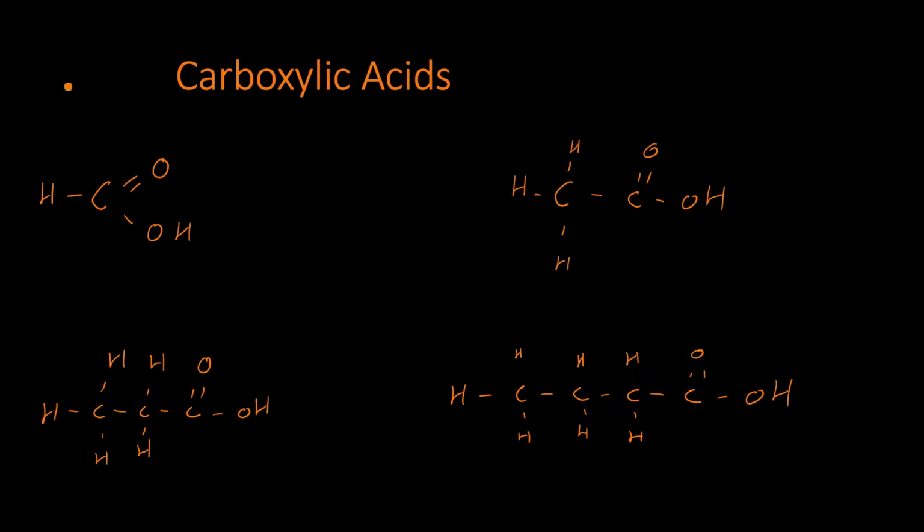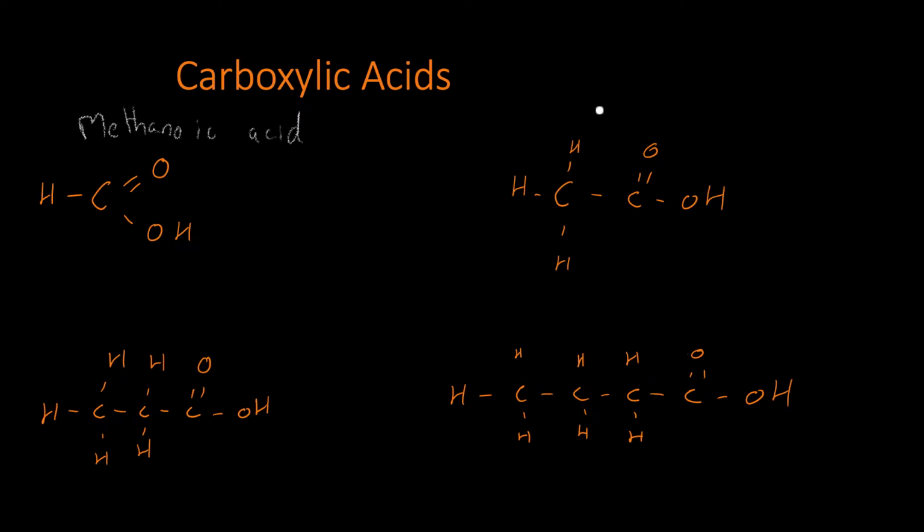And so if we have a look here, we have our first 4 carboxylic acids. The first one is meth, because it's 1 carbon, and that's methanoic acid. The way that you name them is you say the prefix, so methan, ethan, etc., and then you put oic acid on the end.